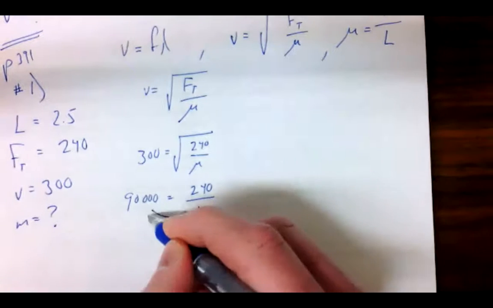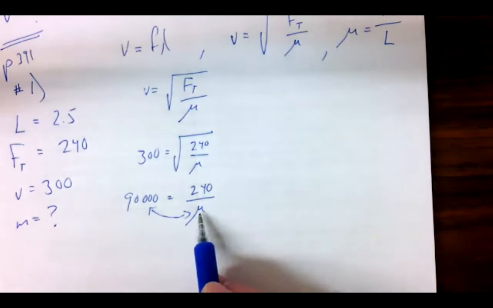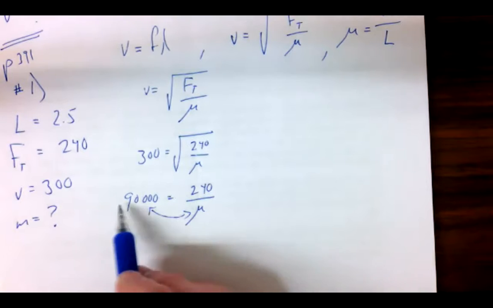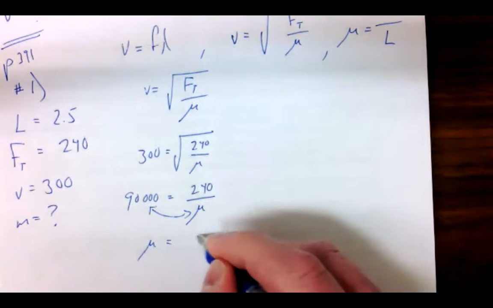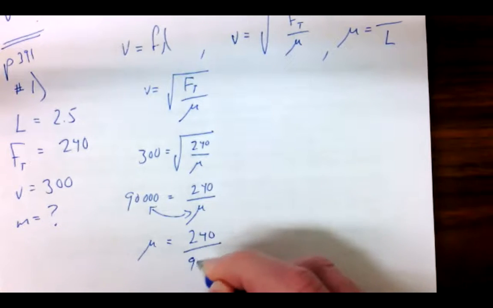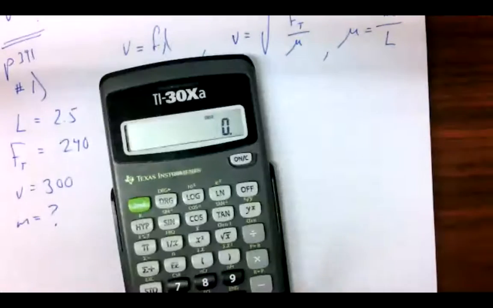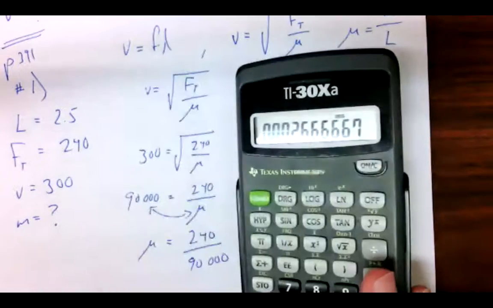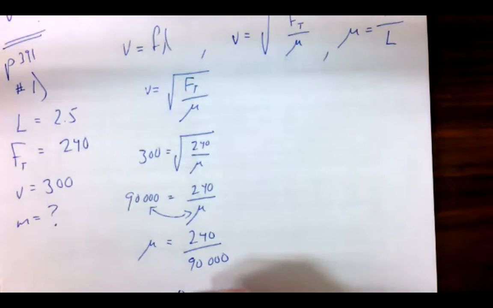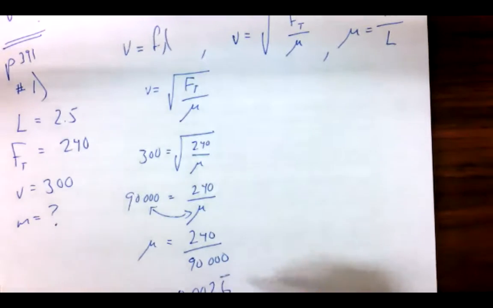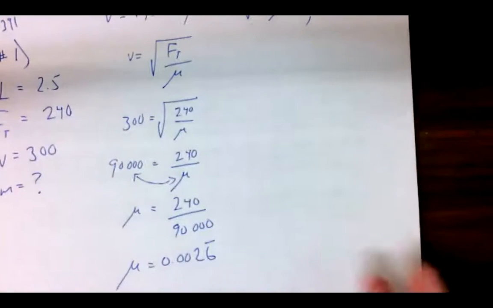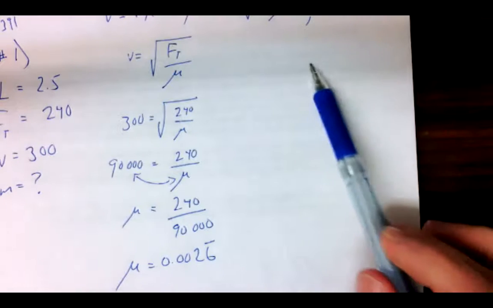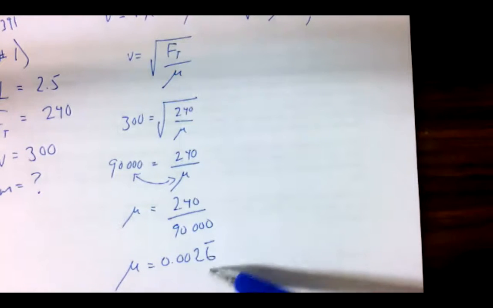Shortcut to this, you multiply both sides by mu, and then divide both sides by 90,000, or just switch them. So mu equals 240 over 90,000, which is 0.0026 repeating. So that's our mu. I'm going to go back up to do the other formula, but this is our mu.